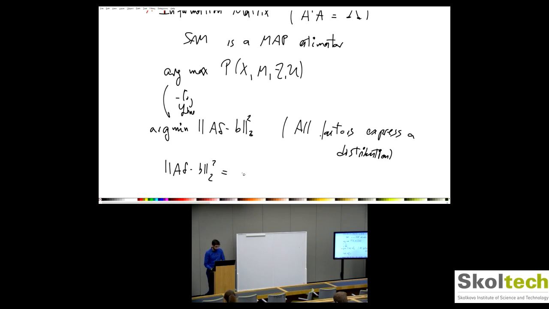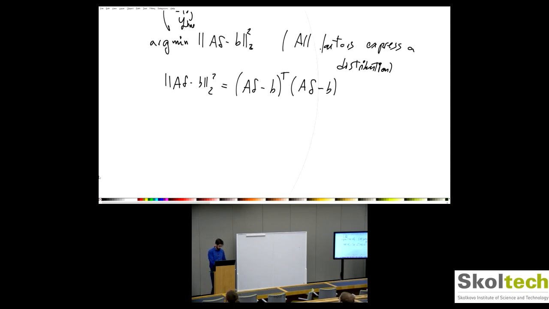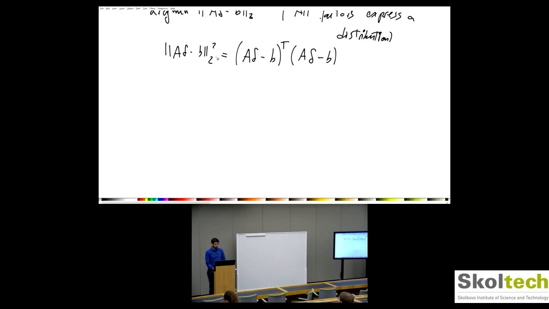Actually, we can rewrite this in the following way. I'm just going to expand until we get something that looks like a Gaussian, and it should be ringing some bells if we follow lecture 3. So we have this, which is just the norm written in vectorial form. Remember, these are just vectors, so we are multiplying a transposed vector by this vector, and then we have a real number.